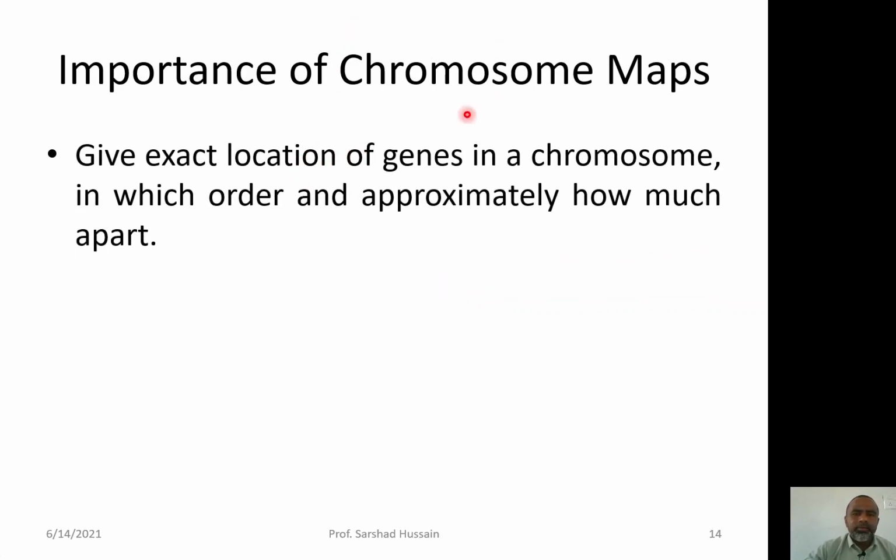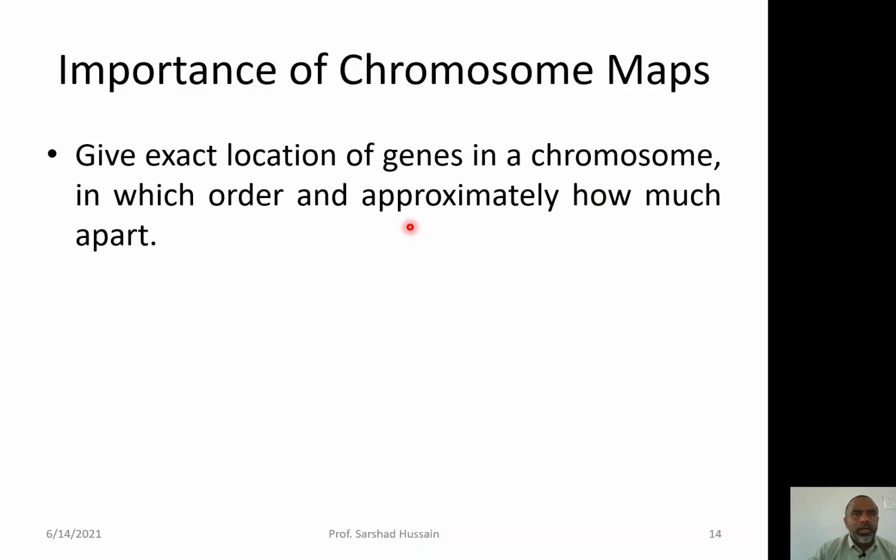What is the importance of the chromosome map? It gives the exact location of the genes in a chromosome, though, although I write exact, again I will say it is approximate, in which order and approximately how much apart. The order of the genes is exact, but the distance is approximate, because order cannot mislead you, as we discussed in the previous slides.